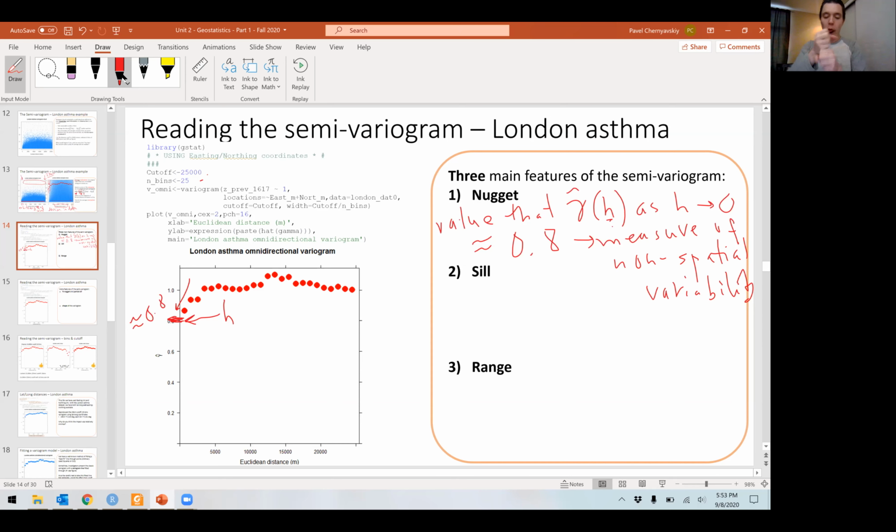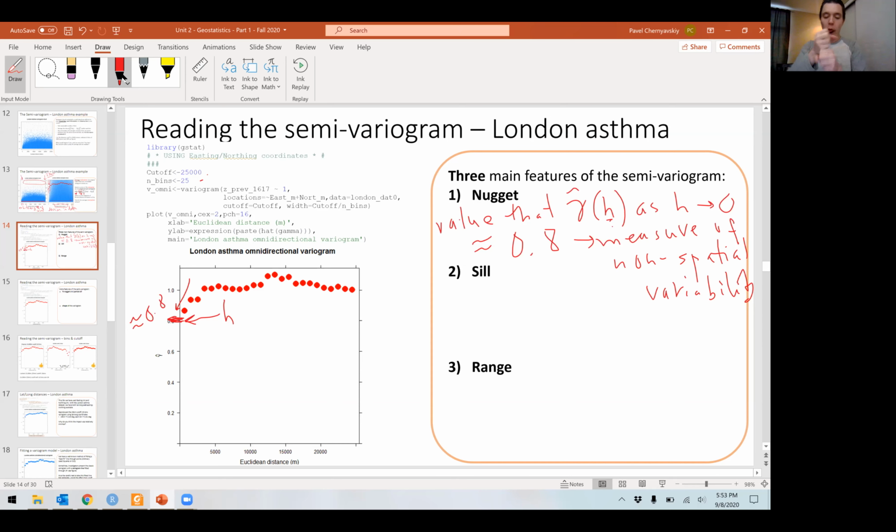In fact, we're trying to take our square differences as our points get closer and closer together. In fact, as H approaches 0, our points literally become the same point. So it is our estimate. Maybe that's a better word than measure. It's an estimate because we're using sample data. It's our estimate of non-spatial variability in the data.